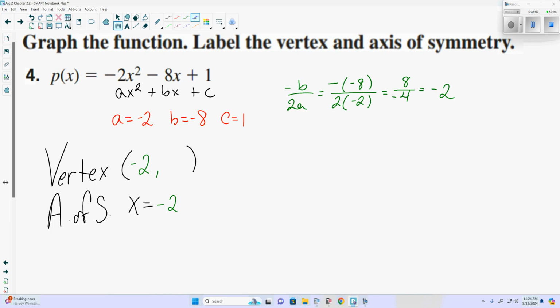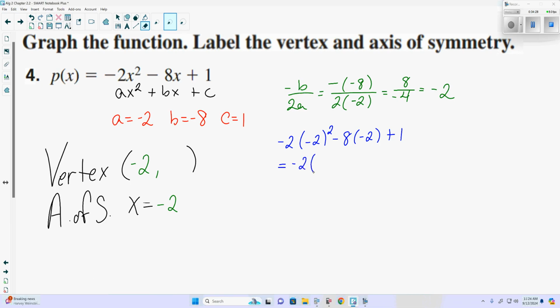To find the y value of the vertex, we're going to take our x value of the vertex and plug it back in. And again, at this point here, we can plug that entire thing into the calculator. Doesn't matter which one, it just needs to be plugged into one of them. If we did this by hand, the first thing I would do is negative 2 squared.